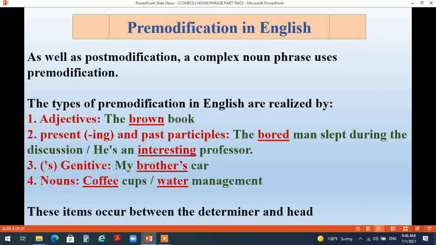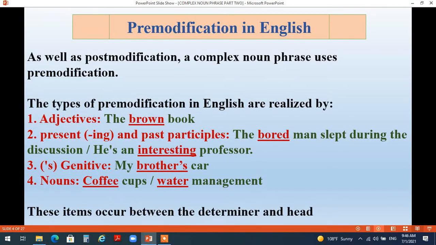And number 4, nouns can be used sometimes as pre-modifiers. For example, we can say coffee cups. Here we have two nouns, so the word cups is the head word which has been pre-modified by another noun, which is the word coffee. Water management. Again, here management is the head word which has been pre-modified by using another noun, which is the word water. So these items occur between the determiner and the head.